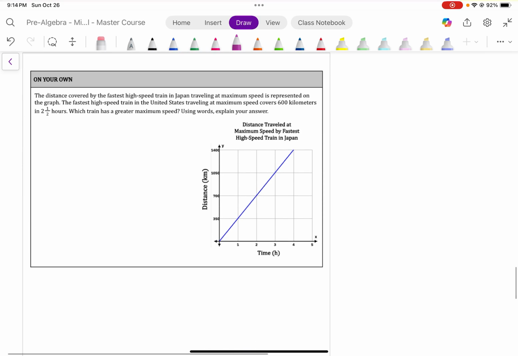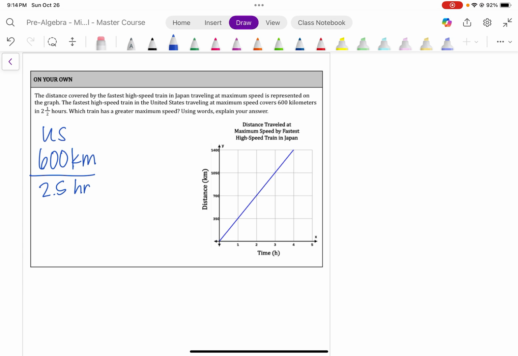Okay, the last one says the distance covered by the fastest high-speed train in Japan traveling at a maximum speed is represented on the graph. The fastest high-speed train in the U.S. is traveling at a maximum speed of 600 kilometers in 2.5 hours.